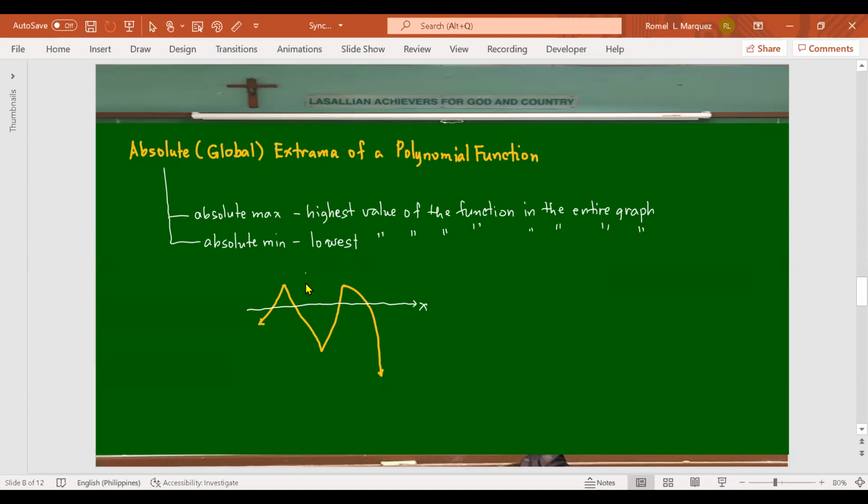My y-axis. Align yan, align. There are 2 points here that are aligned. So they are both what? A and B are both what? Absolute maximum. A and B are both absolute maximum points. Or global, ha? Absolute or global.